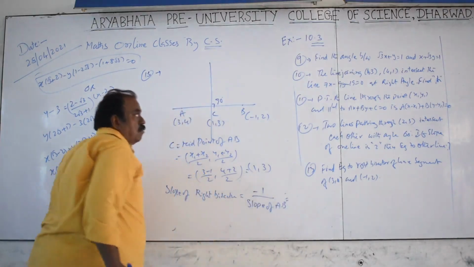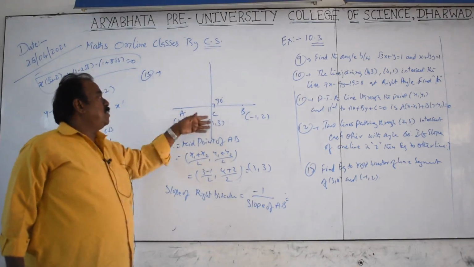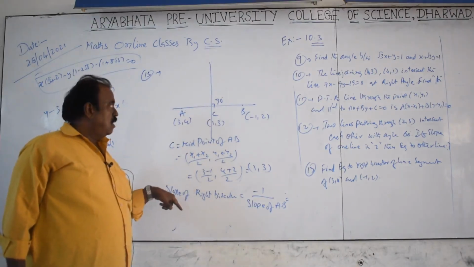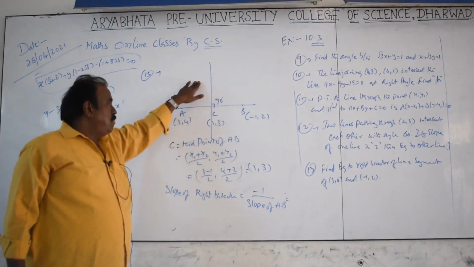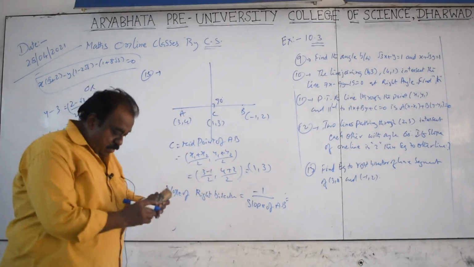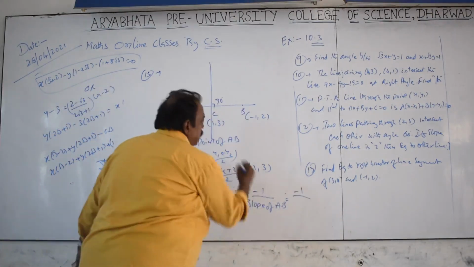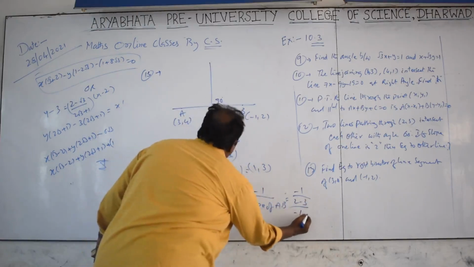Do you agree? Why? Because here AB and the required line, the right bisector, are perpendicular to each other. So the product of slopes is minus 1. m1 into m2 is equal to minus 1, m1 is equal to minus 1 by m2. So it is minus 1 by (2 minus 3) by (minus 1 minus 1).